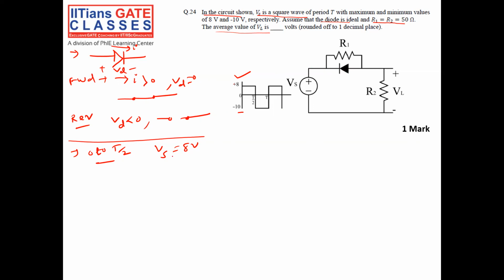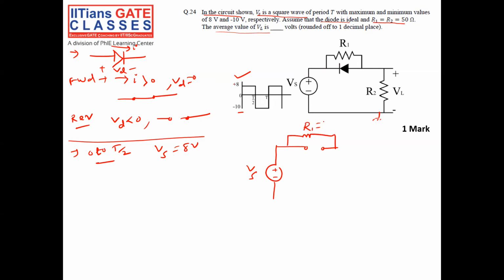The equivalent circuit will be Vs, then the diode is reverse bias because I am applying 8 volt to the cathode and the anode is at ground. Initially it is 0, so Vd is negative. Then there is R1.